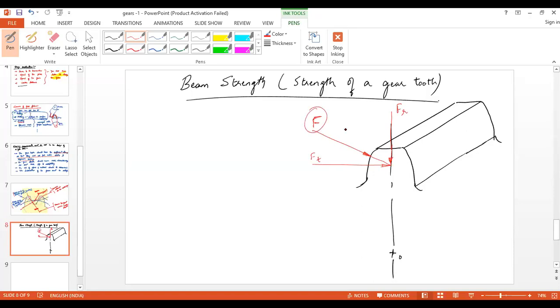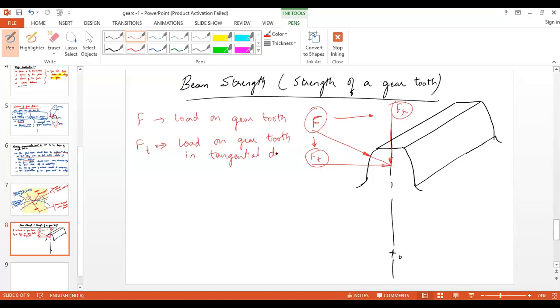So this load has been resolved into Ft and Fr. Here F is the load on the gear tooth, Ft is the load on the gear tooth in the tangential direction, and Fr is the load in the radial direction.